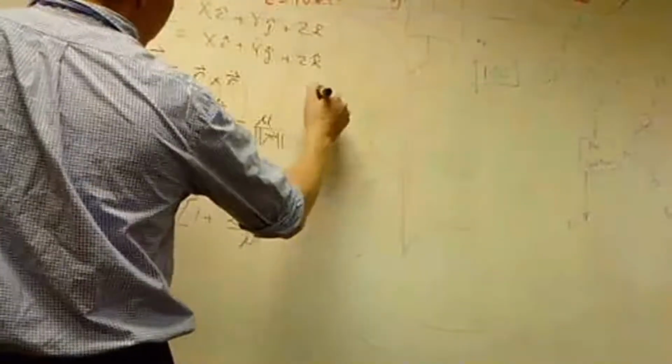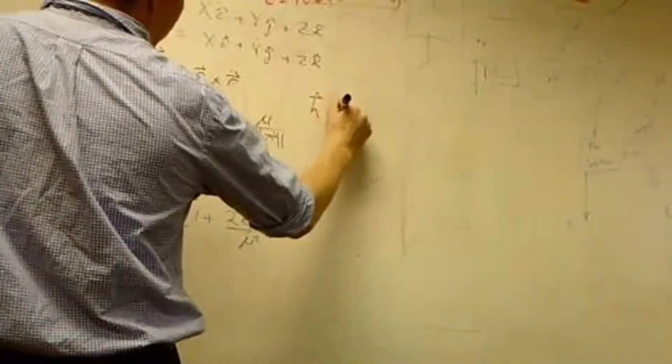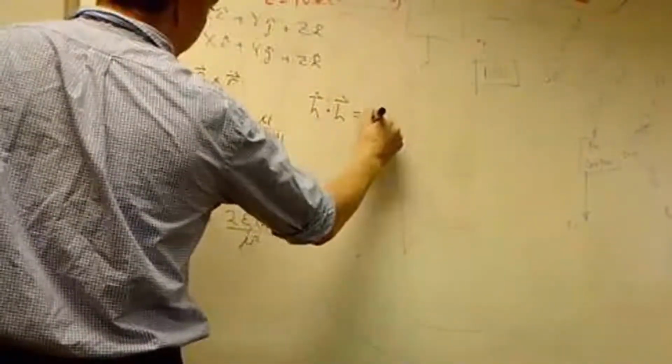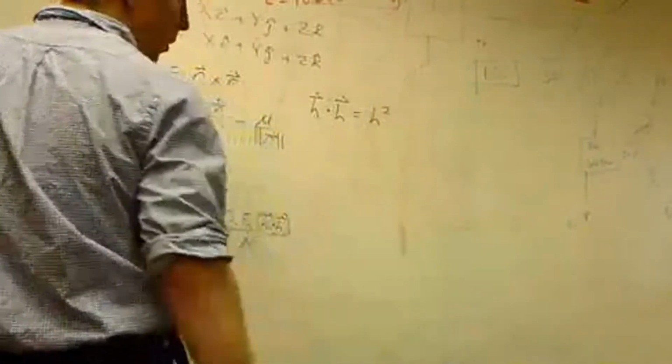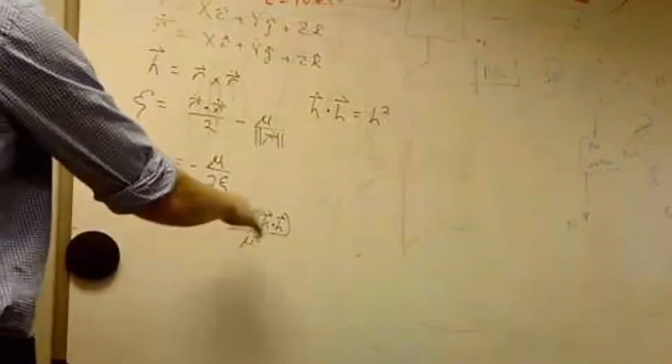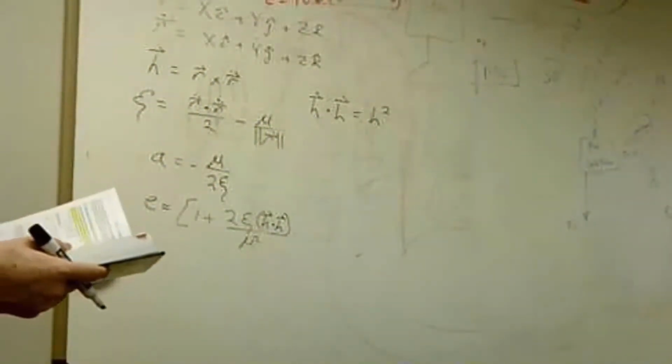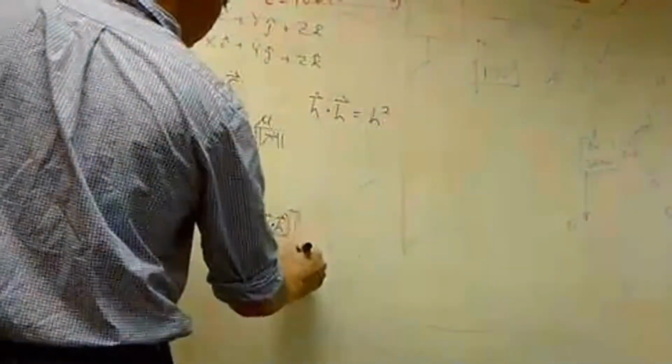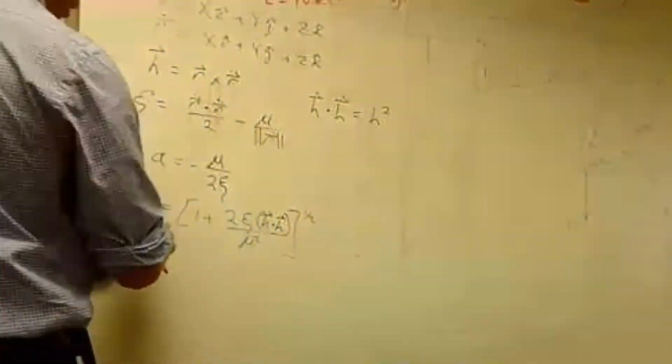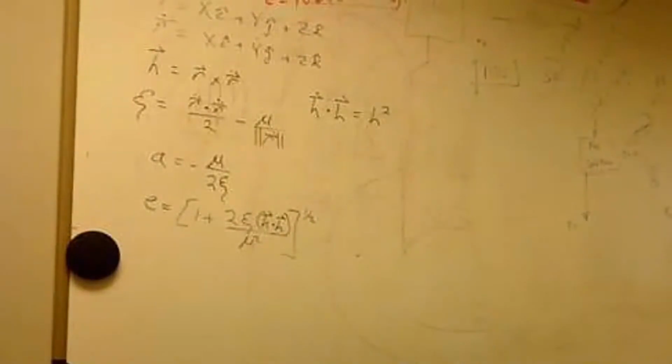Any vector dotted with itself is equal to the magnitude of that vector squared. Okay, so I could write that there. And then we're square rooting all of this in order to find the eccentricity. Fair enough? Okay.